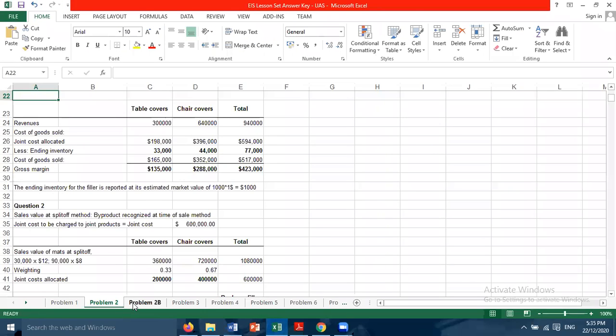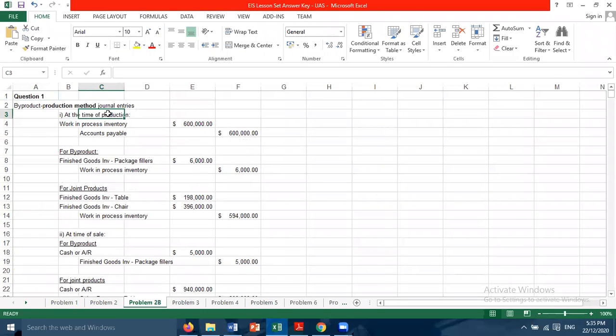Okay, so just go straight to the journal. All right, so in the production method, we acknowledge the byproducts during production, right? So in this case, we do have journals for byproducts at the time of production. So what exactly is it? Right, so the first one is a general journal, since we allocate 600,000 from accounts payable to WIP inventory, or work in process inventory.